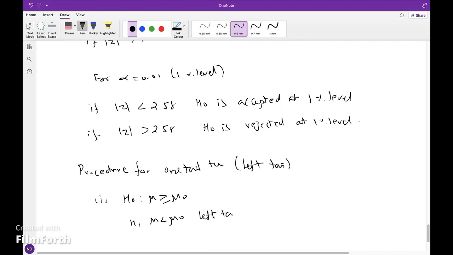Left tail at alpha equal to 0.05, 5% level of significance. The critical value of modulus of Z is equal to 1.645.